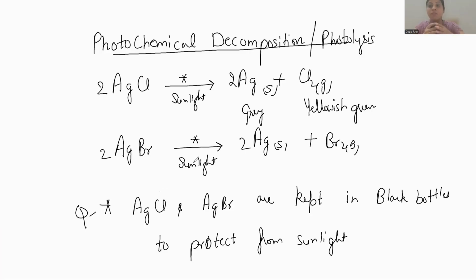So there is a very important question: why are AgCl and AgBr kept in dark bottles? To protect them from sunlight. Otherwise, they will react with the sunlight and decompose into further substances. So is this clear?